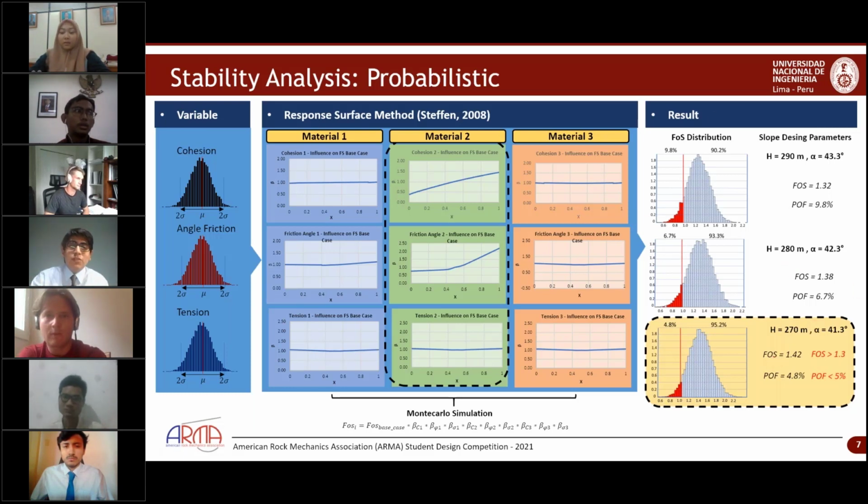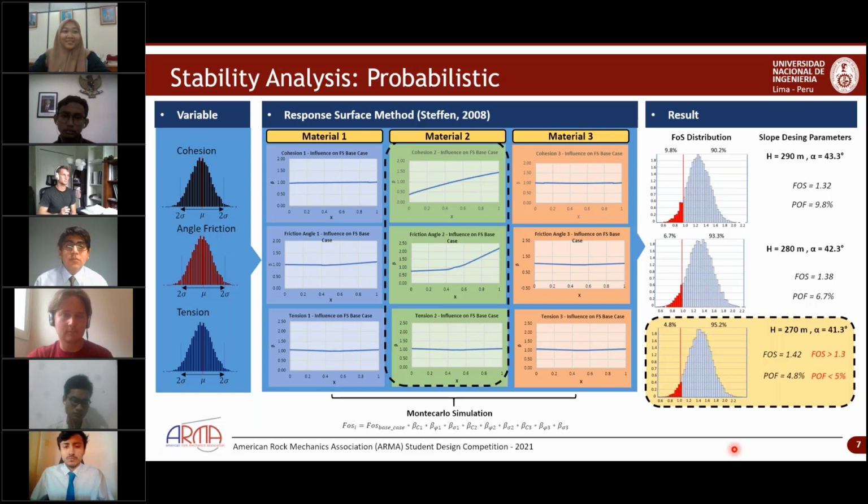And we considered the first response that was 290 meters only with a deterministic, but the probability of failure doesn't comply with the constraint of 5%. So this is the first that complies with this percent.